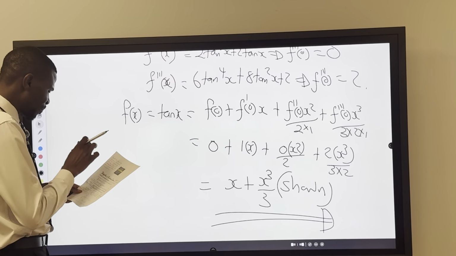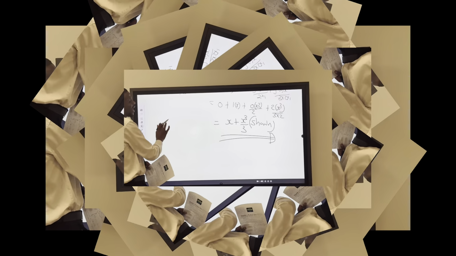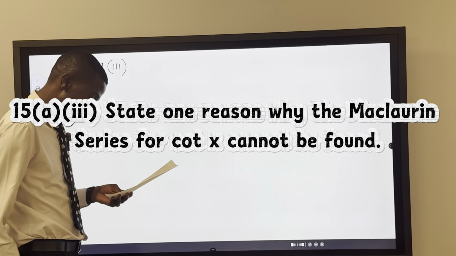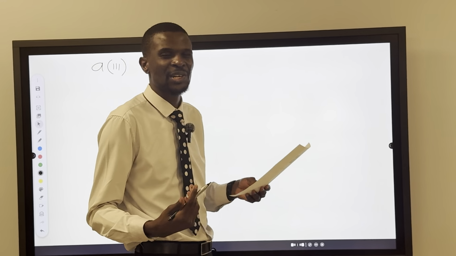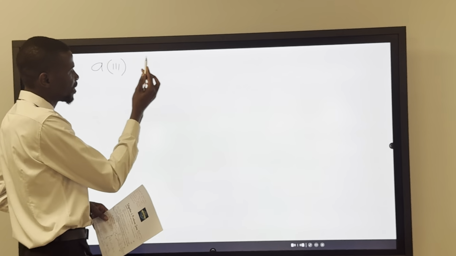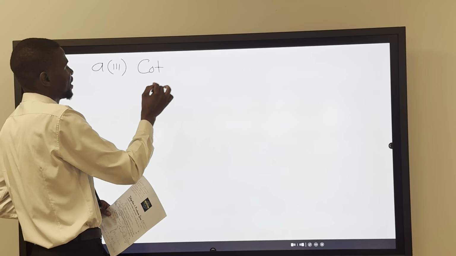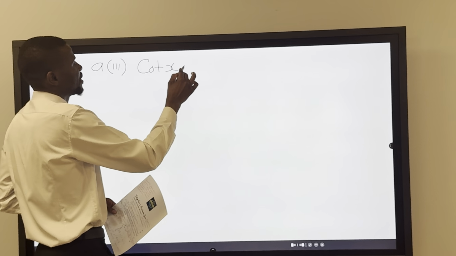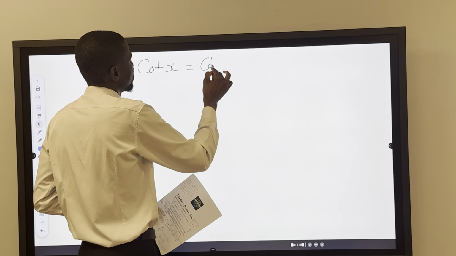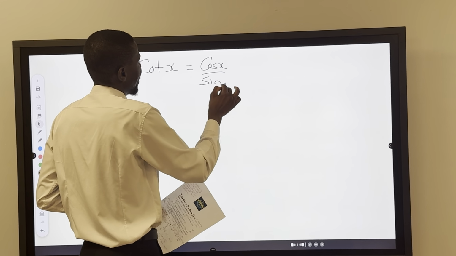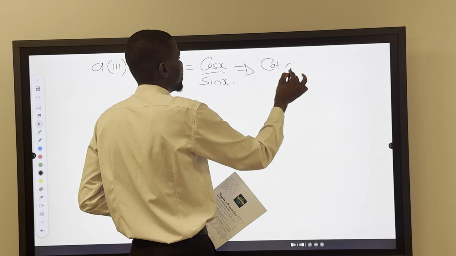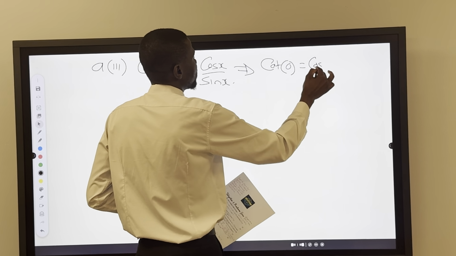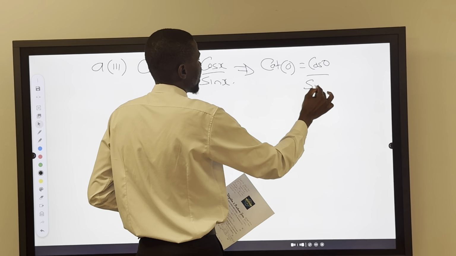Okay, then item 3 says, state one reason why the Maclaurin series for cot x cannot be obtained. Guys, I need to bring this to your attention. So cot x is equal to cos x over sin x. So when I say cot 0, it is going to be cos 0 over sine 0.